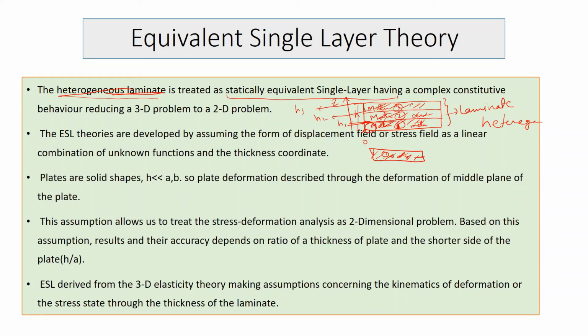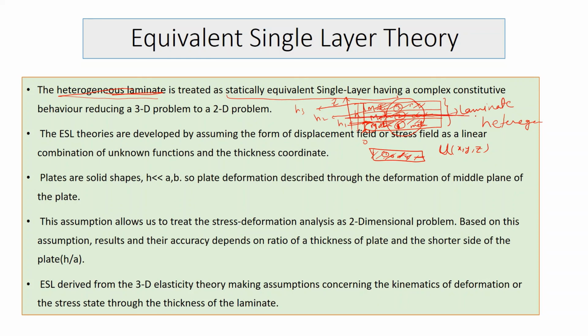So we are just assuming it, considering it as a single layer, one layer only. The displacement field u(x, y, z): we are not taking 1, 2, 3 different laminae, but a single lamina, and assuming that the displacement field would be at the mid plane.